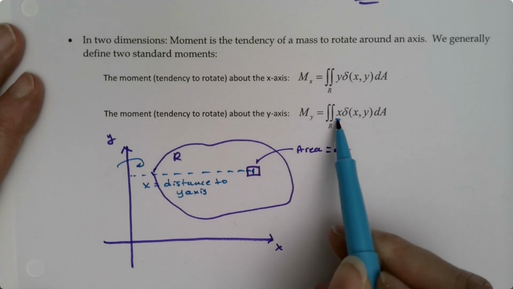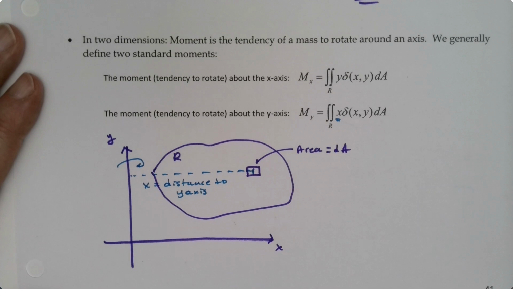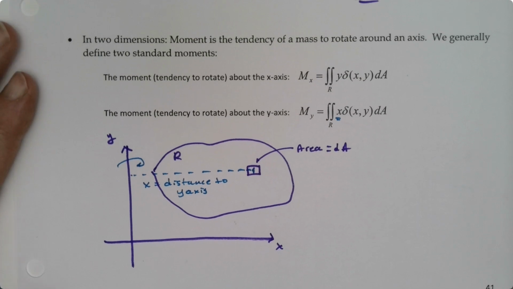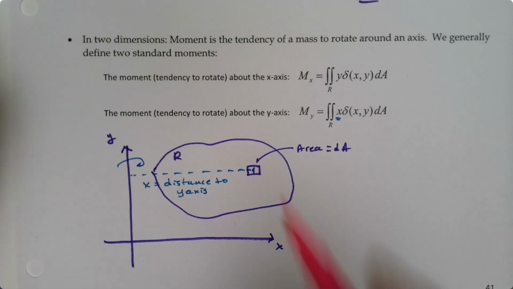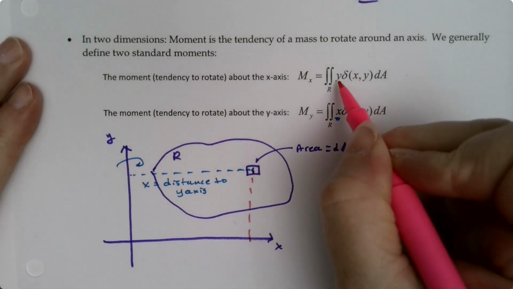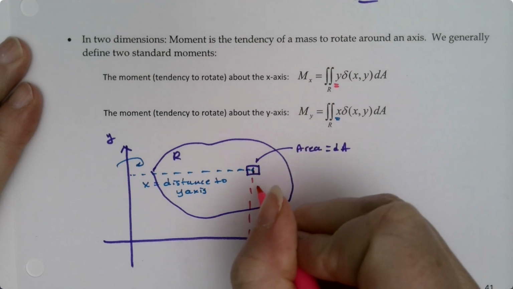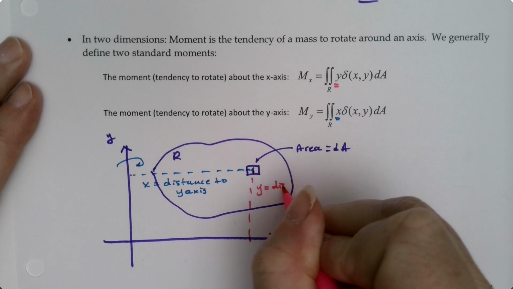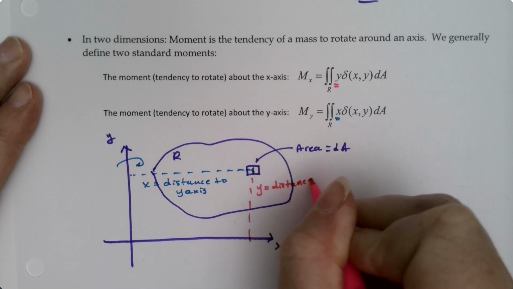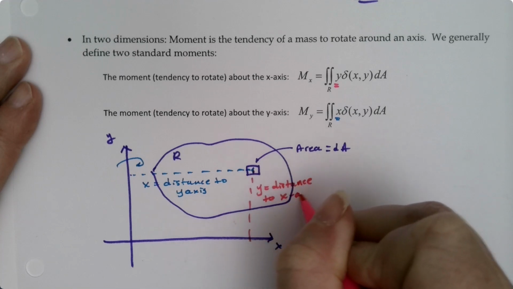That's why x is in there. So it's x times the density, and then you integrate it. And then your distance to your x-axis is y, which is right here, which is why there's a y in mx, because y is the distance to the x-axis.